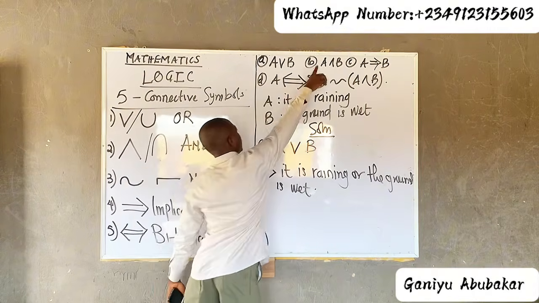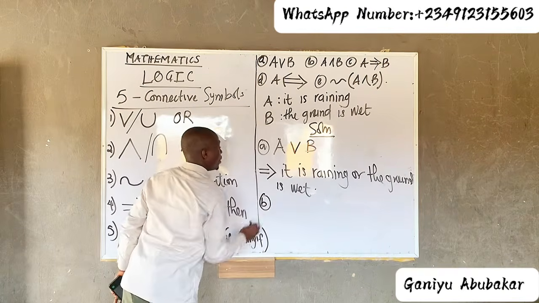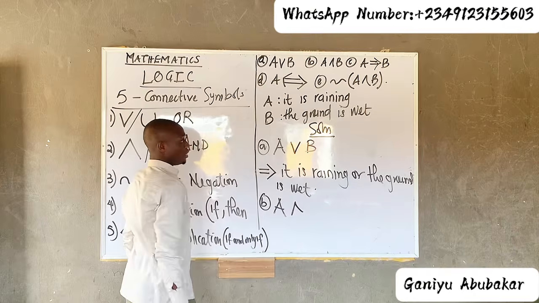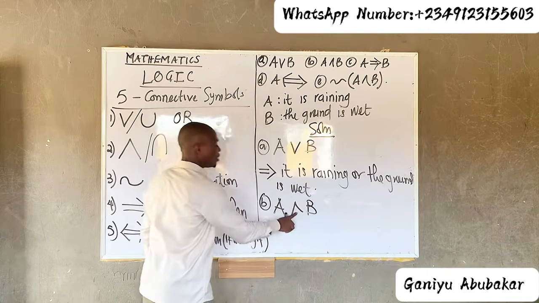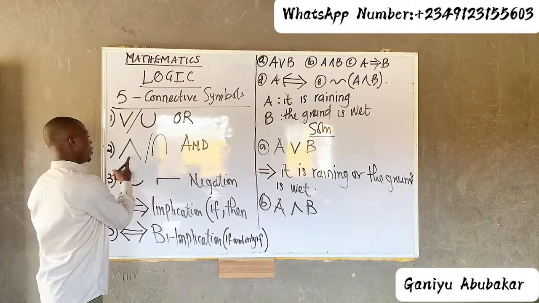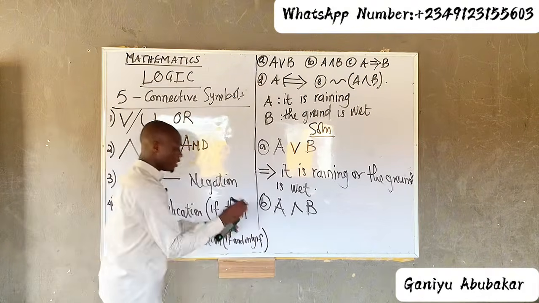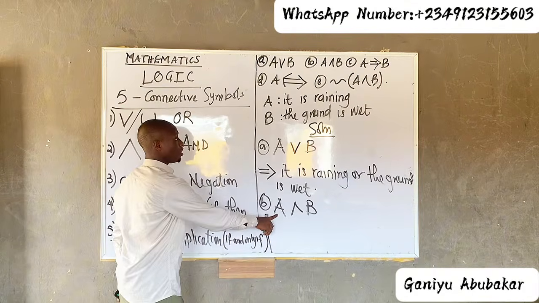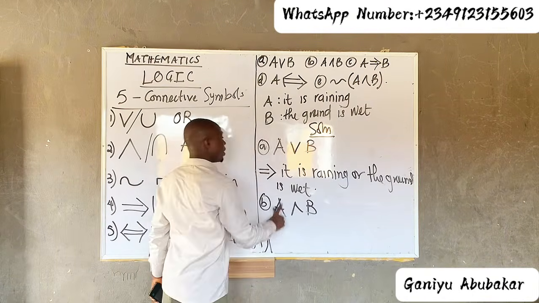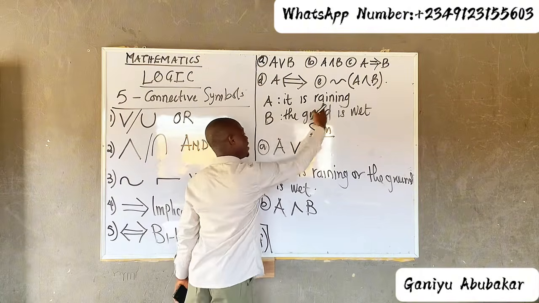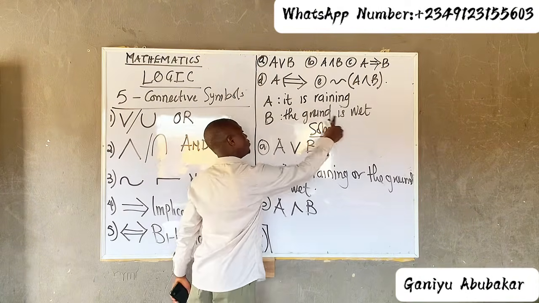For B, what I have there is A and a symbol that looks like this, and then B. This symbol is called "and." So in verbal meaning, this becomes "it is raining and the ground is wet."